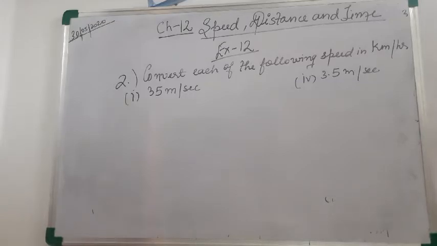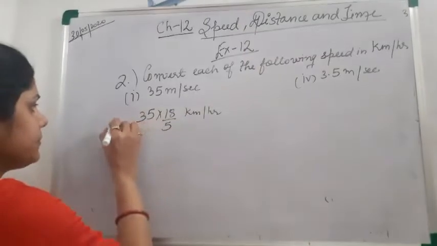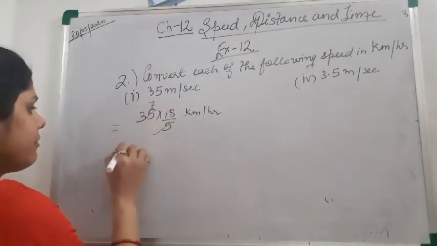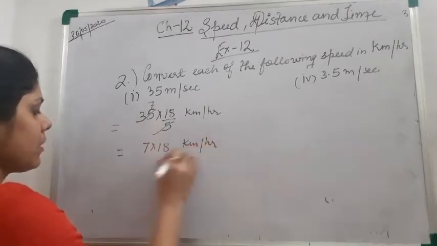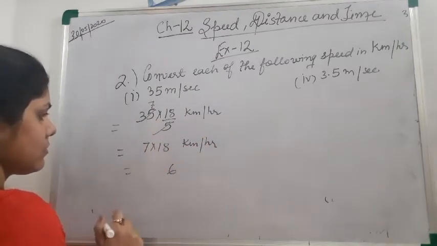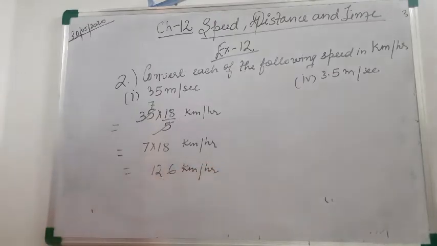That means you will multiply by 18 upon 5. 5 sevens are 35, so 7 into 18 is 126 kilometer per hour. That is the answer.